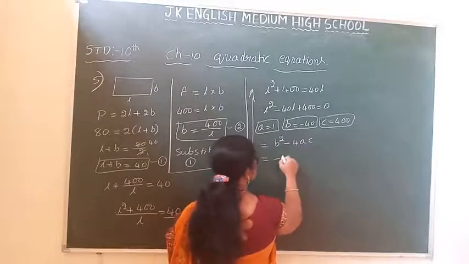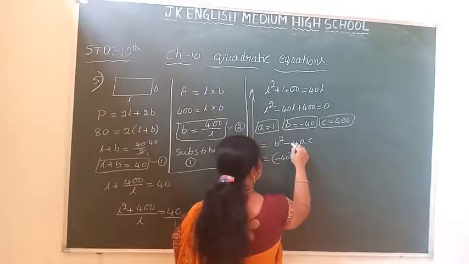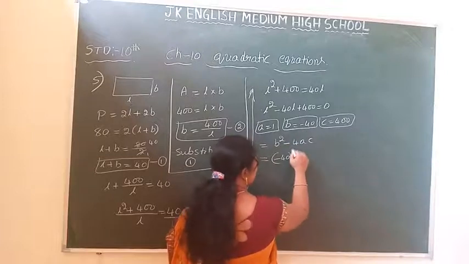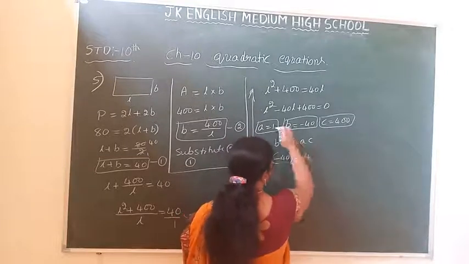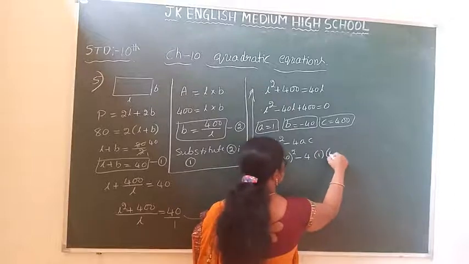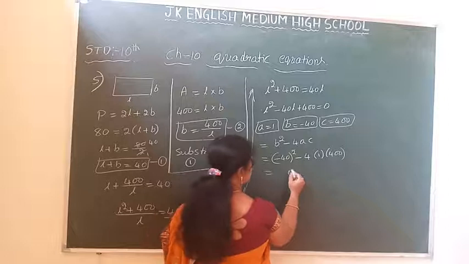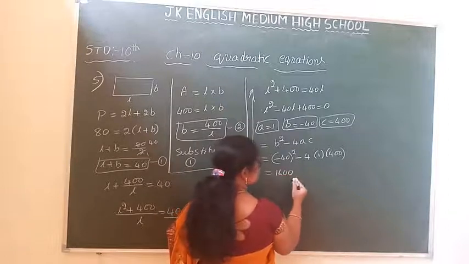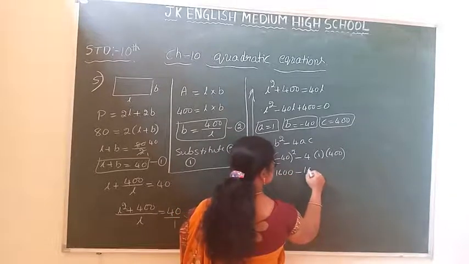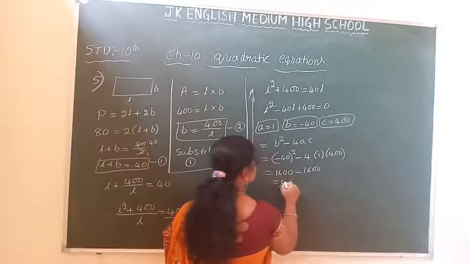B square is minus 40 whole square, minus 4 times A value 1 times C value 400. Minus 40 whole square is 1600, and 4 ones are 1600, so I got 0.